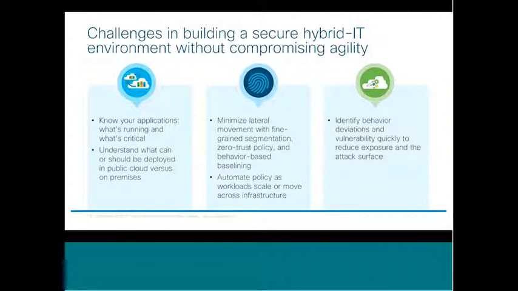They don't have proper mechanisms to tie these things together on a real-time basis to reduce that attack surface. So these are the three challenges that customers face. As we go through this presentation, we will see how Tetration enables them to address these things and enable a much more secure infrastructure for the applications.